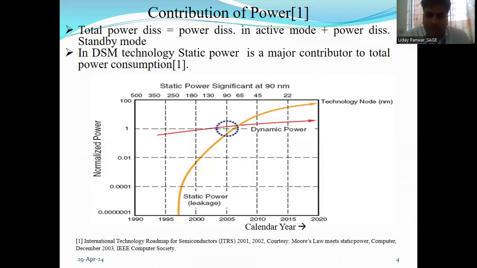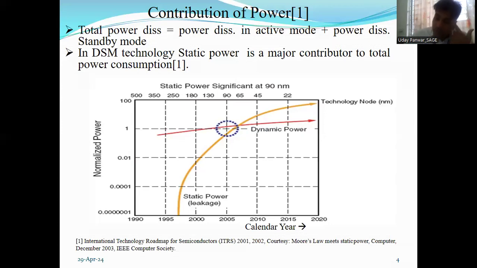Static power dissipation means when our device is in idle mode, where no clock frequency continues at all. The second one is dynamic power dissipation, when the device is performing some task like playing some music, talking on the mobile phone, playing some movie, or the person working with their gadget.